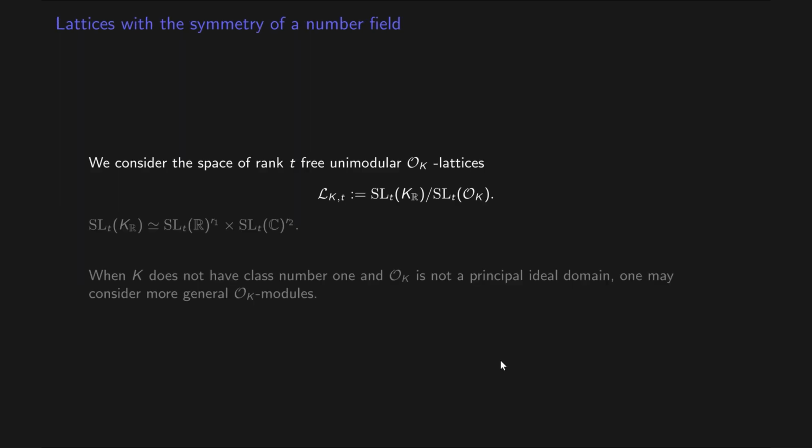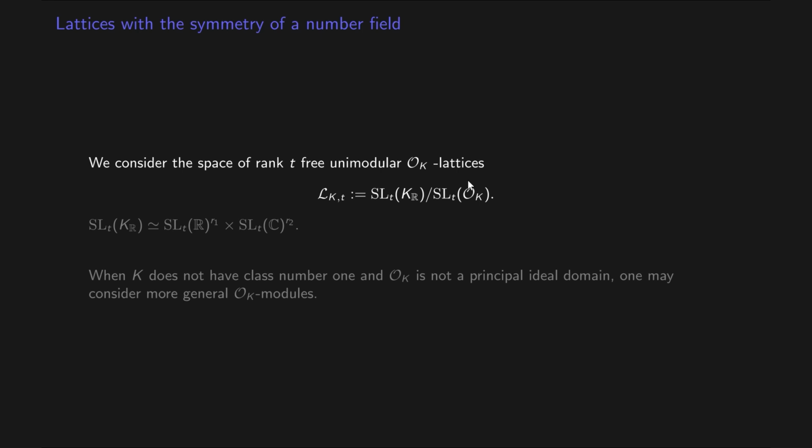And so what we have done last time, we have considered the space of rank 3 unimodular O_K lattices. And so the space of these lattices can be realized as a quotient of this algebraic group by its discrete subgroup.